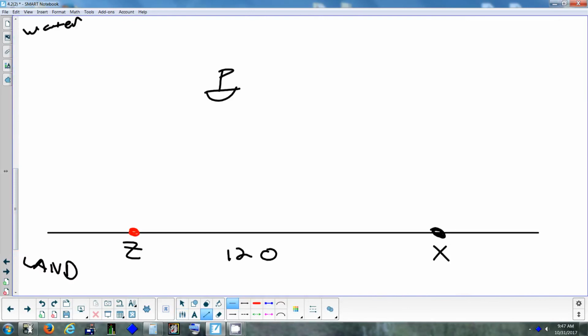So when they send a call for help, each station is going to hear it. Okay. I don't know if I'm drawing this exactly to scale. The boat is somewhere out there. I don't know if it's closer to Zulu or closer to X-ray. I'm not sure which one, so this might not be to scale.